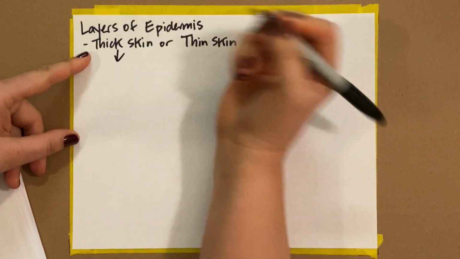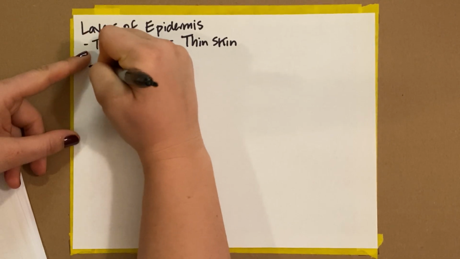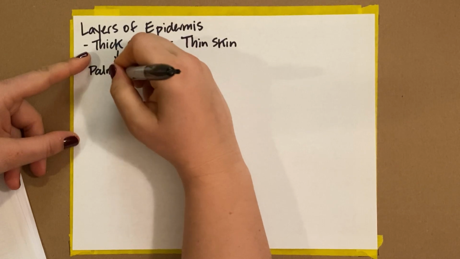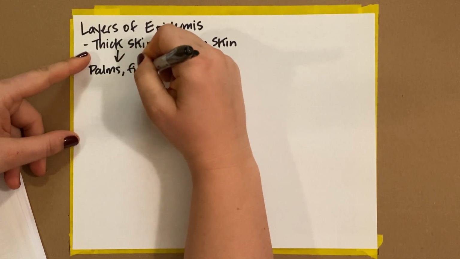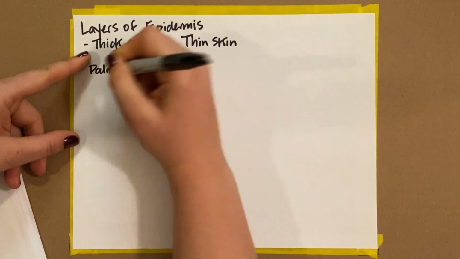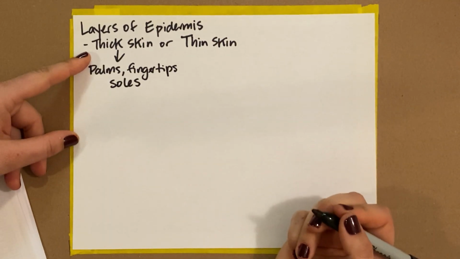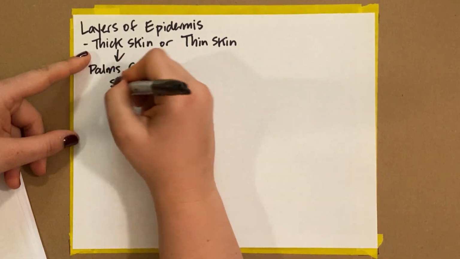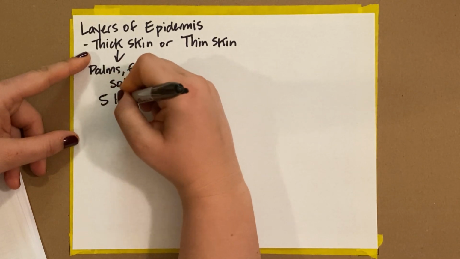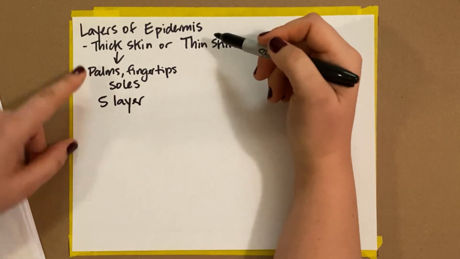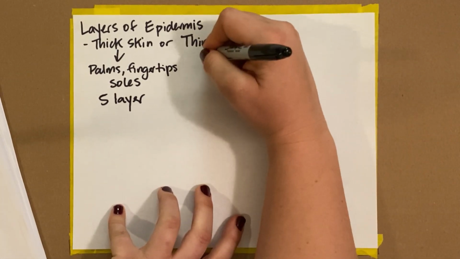These are going to be like your palms. So this part of your hands, the fingertips, and the soles of our feet, okay? These are going to have 5 layers of epidermis, and we'll talk about the 5 layers. Thin skin is basically going to cover the rest of the body.